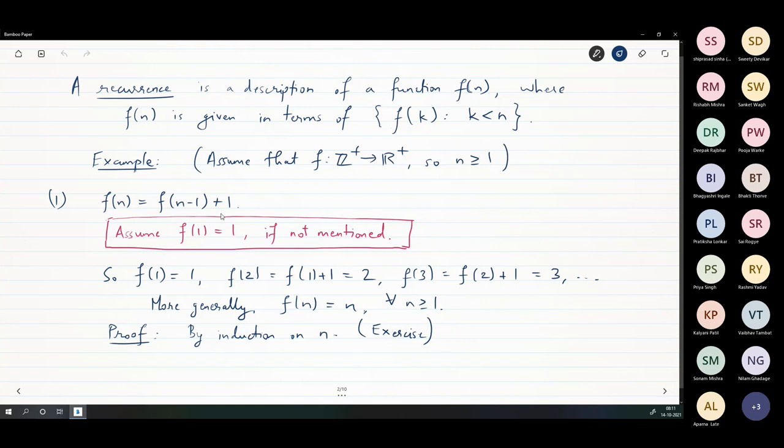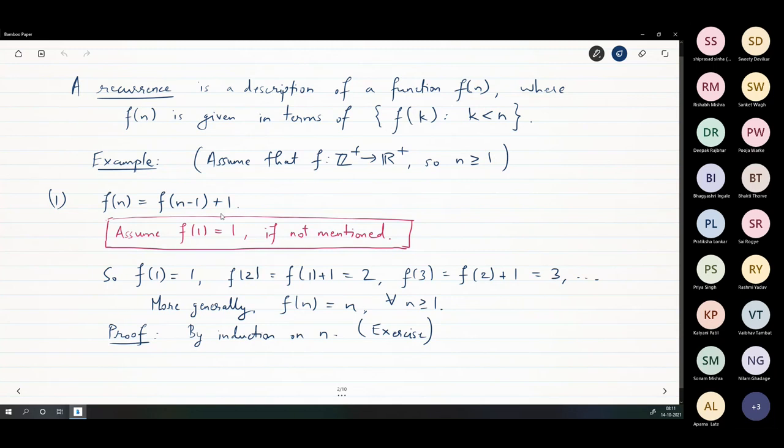But if you go down, down, down, you will ask for f(n-1), then f(n-2), then f(n-3), and finally f(2). In finding f(2), you will ask for f(1). But f(1) cannot ask for f(0). There is no 0; n starts from 1. So for f(1), you need to give an initial value for the recurrence.